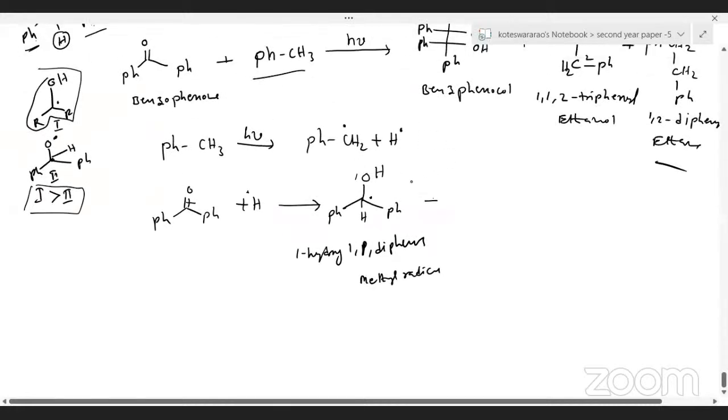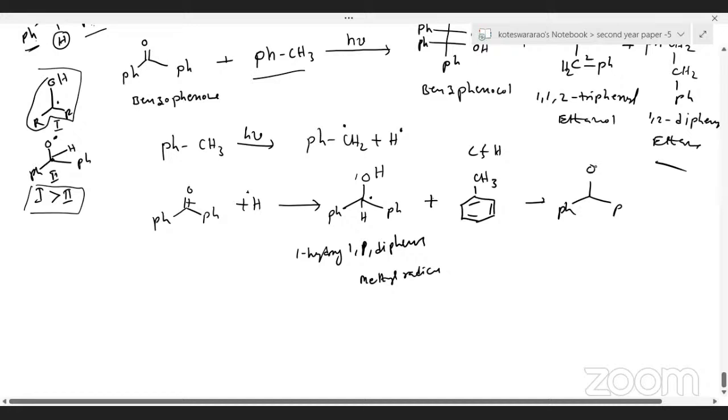Now, the second proton is obtained, and again it reacts with another toluene in the presence of the radical. Again it undergoes C-H bond homolytic cleavage, and the hydrogen radical is transferred to this radical position.